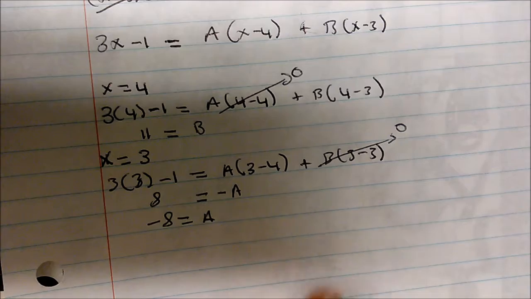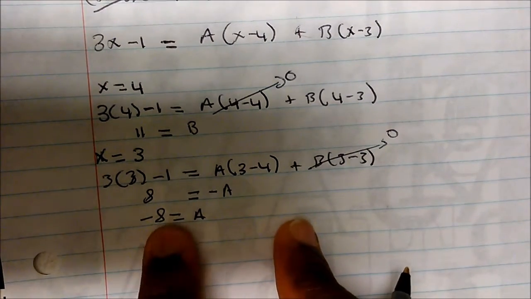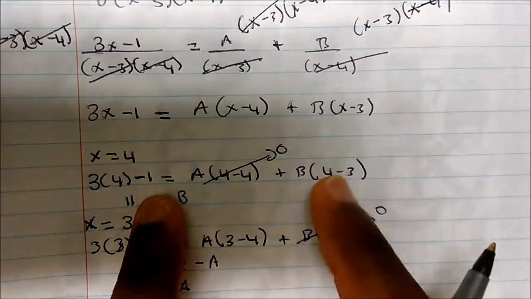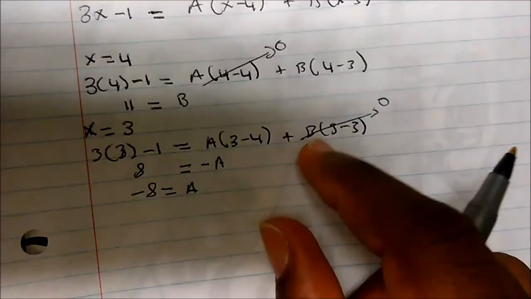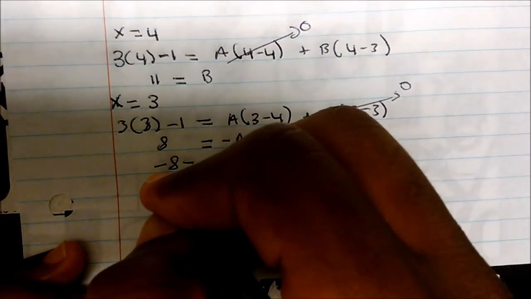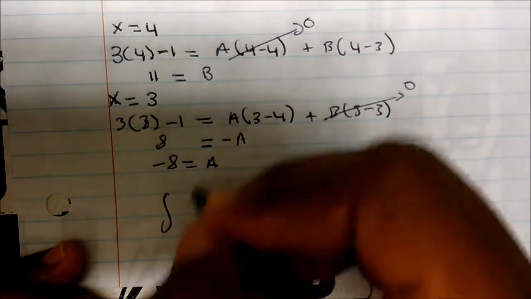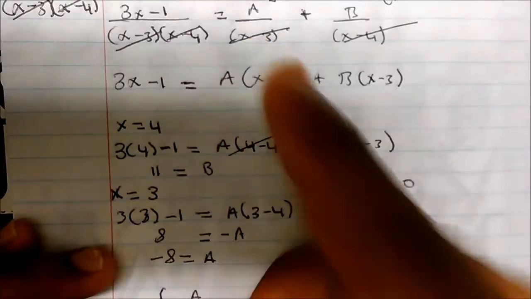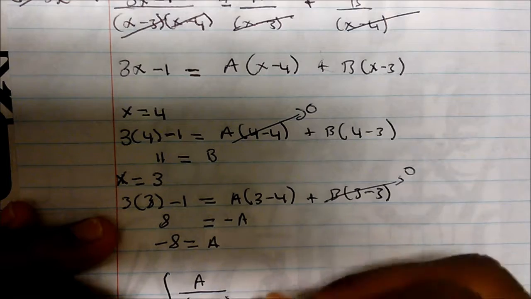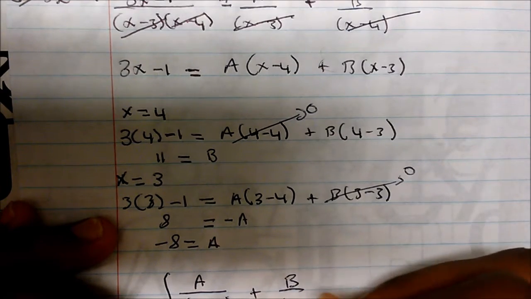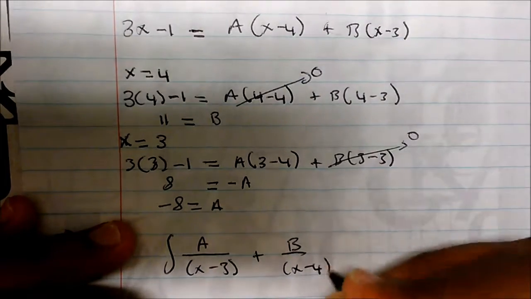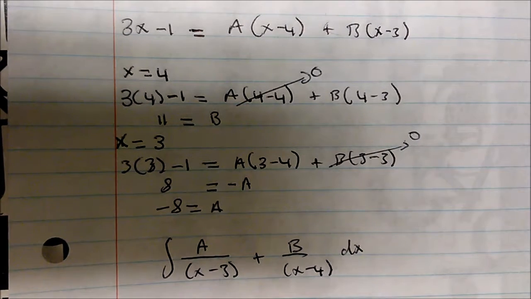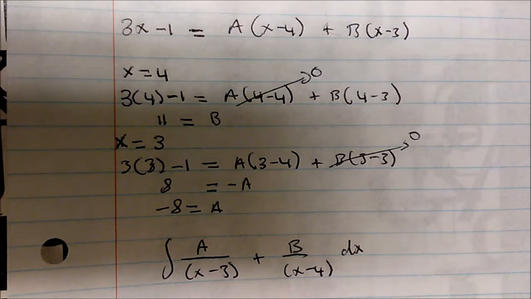Now that I have what a and b are, I'm going to plug them into the integral. This is how we typically write it: the integral of a over x minus 3 plus b over x minus 4 dx. Now I'm going to skip pages, so let me rewrite that.